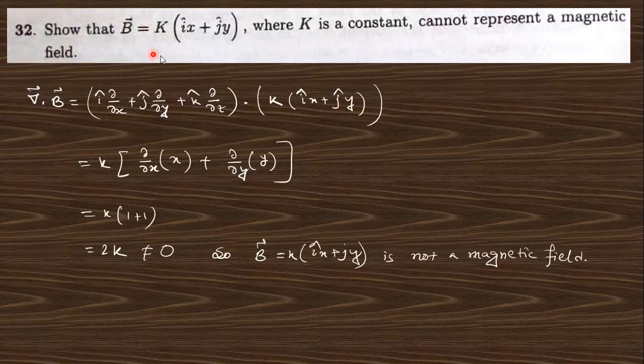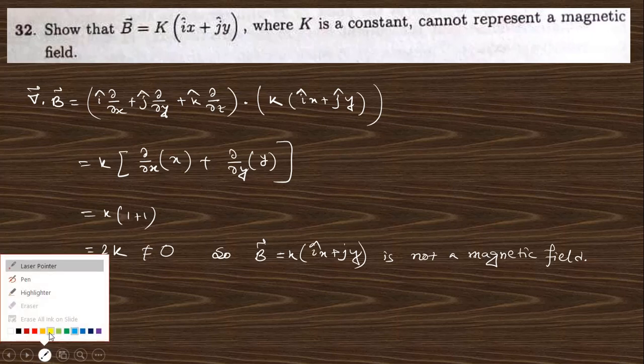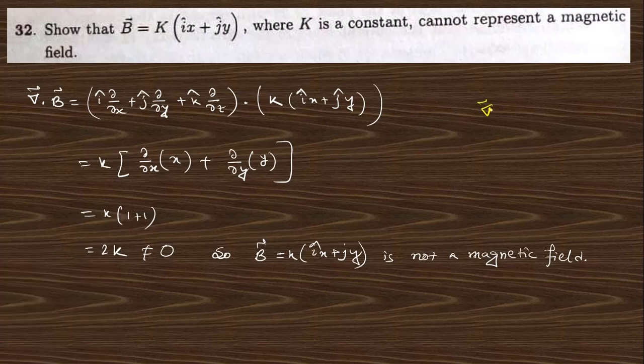Next, B equals k (y x-hat plus x y-hat), where k is a constant, cannot represent a magnetic field. You know the properties of the magnetic field: divergence of B equals 0 and curl of B equals mu naught J. So these two are the properties of the magnetic field.